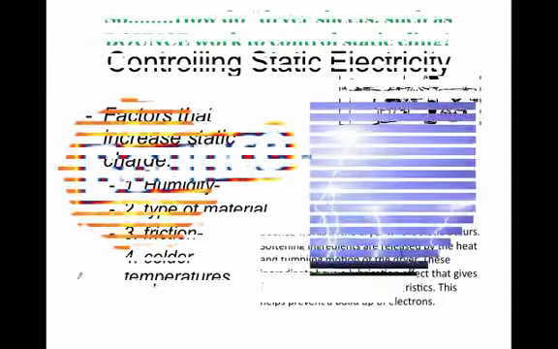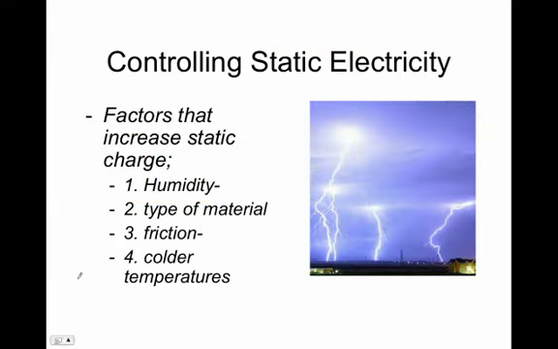Let's come back to this in a minute. Let's talk about how we control this whole static electricity effect. There are three or four factors to prevent or allow static electricity to happen. One factor is humidity.